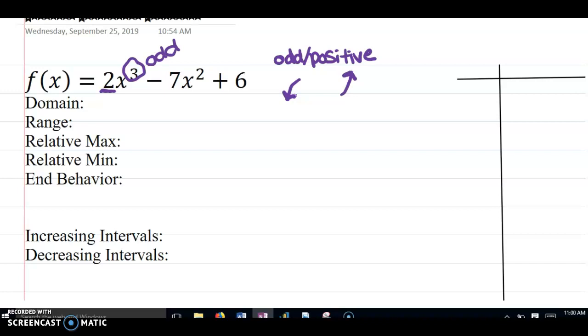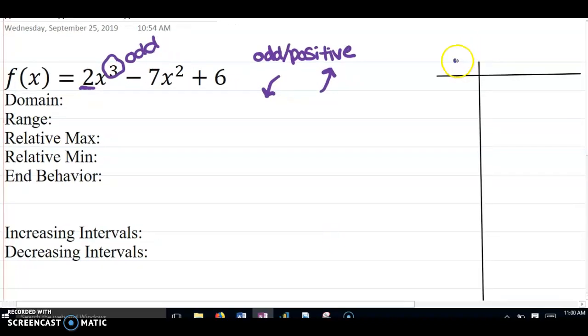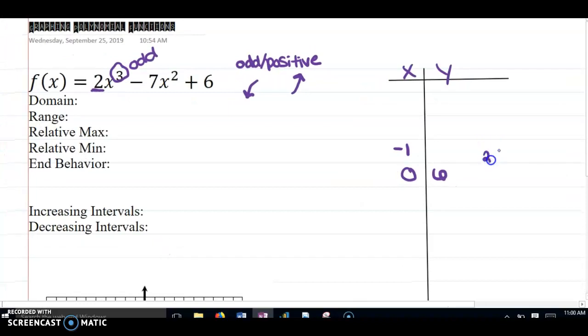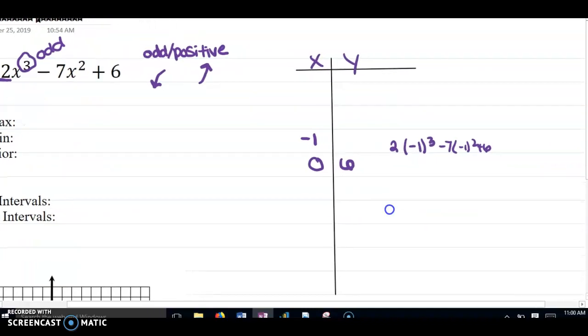So usually I start to make a function table by plugging in 0 and then using numbers around 0 until it doesn't fit on the graph anymore. If we plugged in 0, we would get 6. And then we can try to plug in -1: 2 times -1 cubed, minus 7 times -1 squared, plus 6.